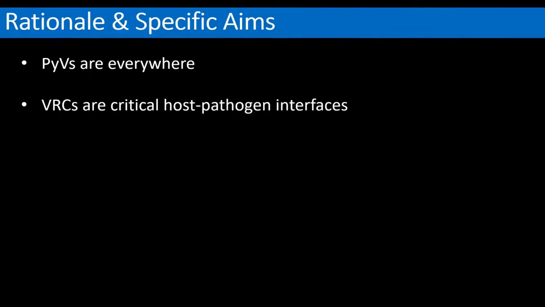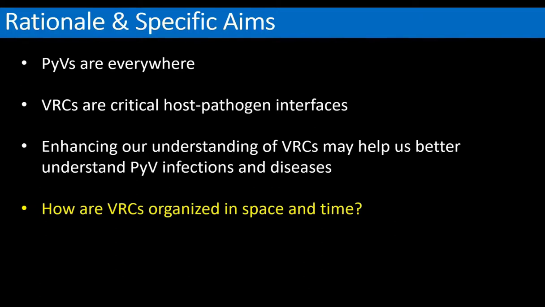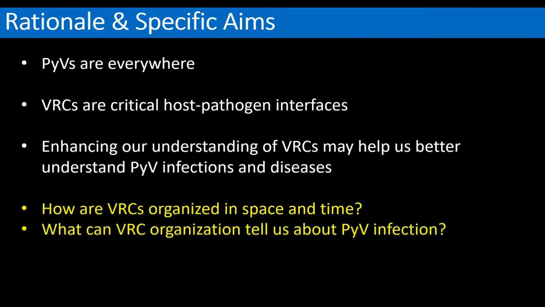Viral replication centers are a critical aspect of the host-pathogen interface, since viral and cellular proteins work together to accurately and efficiently replicate viral genomes. By enhancing our understanding of VRCs, we may better understand polyomavirus infections and diseases. So my overarching questions are, how are replication centers organized in space and time, and how can that organization teach us something about polyomavirus infection?